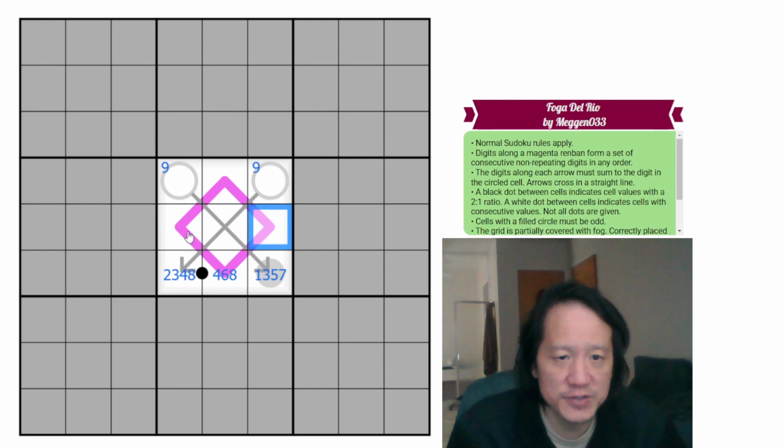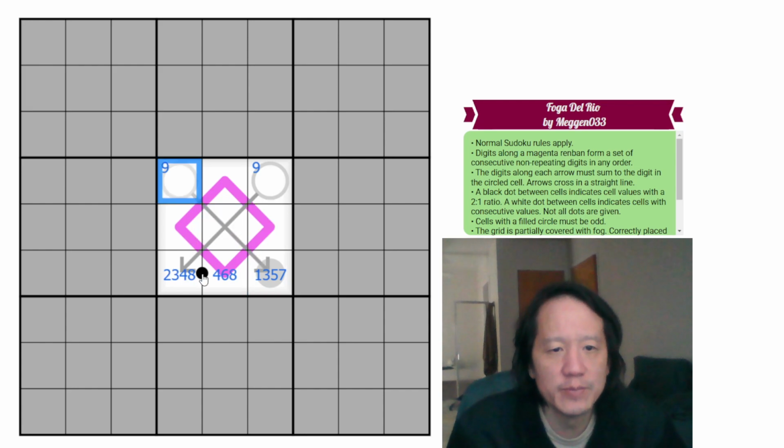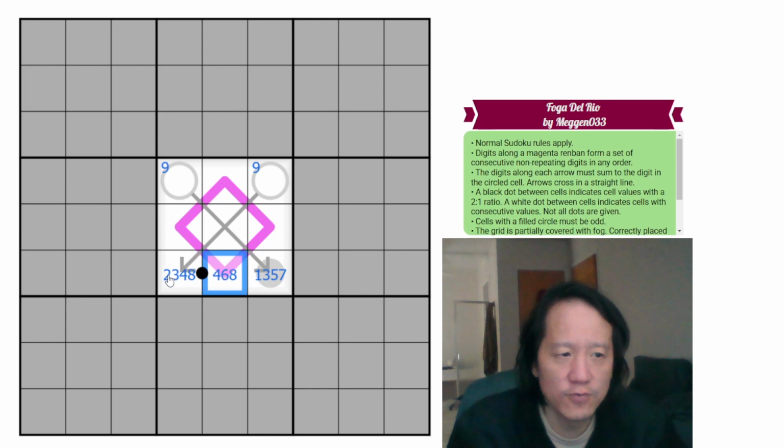What about 4, 5, 6, 7? Again, you have to have a 1 and a 2 somewhere. They cannot be in these cells. Therefore, the 1 has to be there and the 2 has to be there to make that work, which means this is 1, 2. That adds up to 3. But again, 6 forces the 3 to be there for the 1 to 2 ratio between the black Kropke dots.